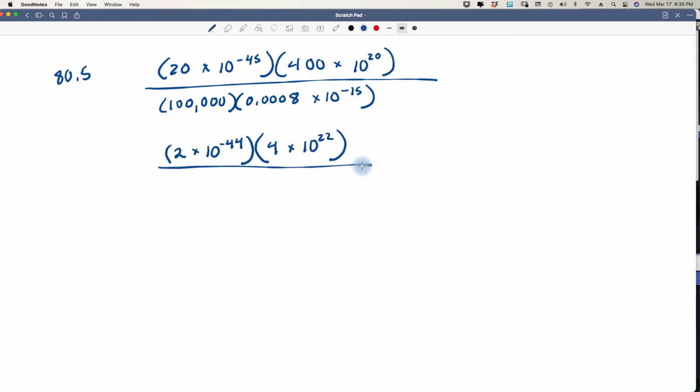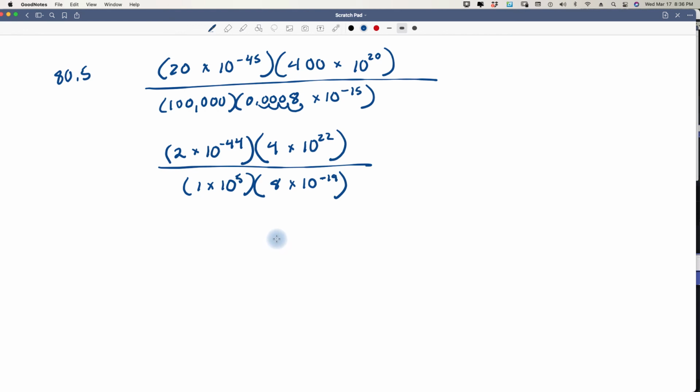Now we're going to do the bottom, clean it up. We know we're going to have 1 times 10, and you can just count the number of zeros. That's 5. And then this needs to be an 8 times 10, and it's already a negative 15. So 16, 17, 18, 19, negative 19.